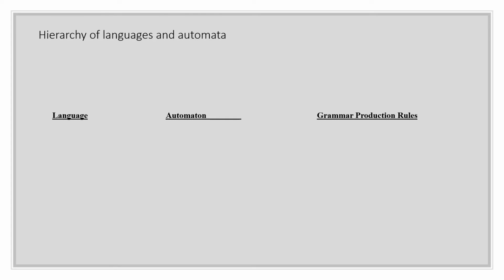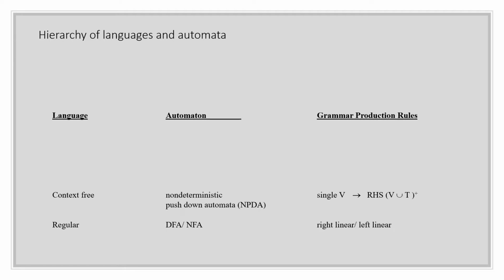So let's go back to our languages, automata, and grammar production rules. We spent quite a bit of time on regular languages and DFAs and NFAs. We learned that the grammar production rules for regular languages require a right linear or a left linear grammar. The next set of languages we're going to talk about are context-free. The automaton for that is called an NPDA, or non-deterministic pushdown automaton.